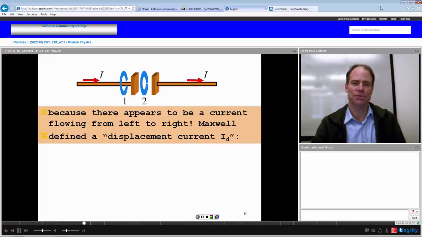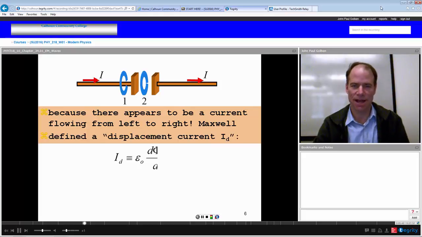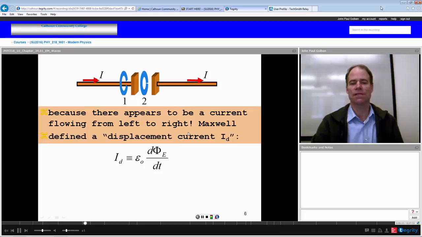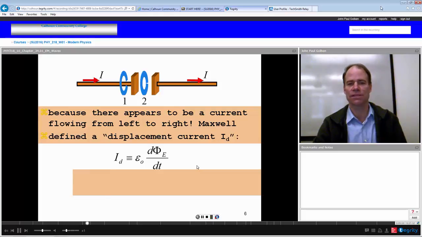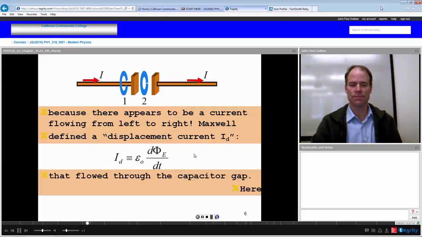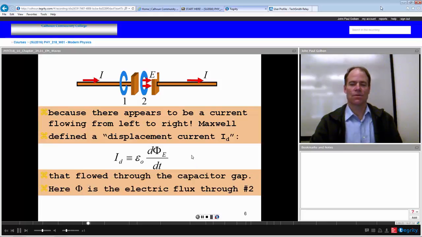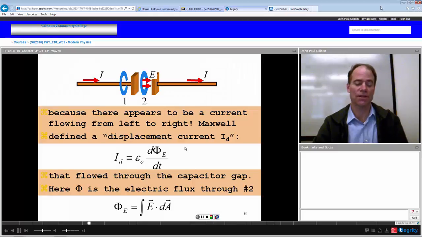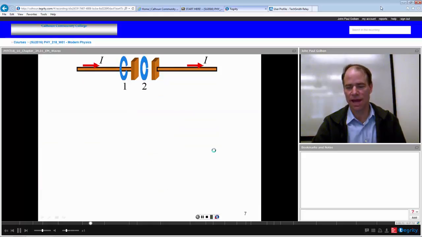So Maxwell defined a displacement current, I sub d, that was equal to epsilon naught times the derivative with respect to time of the electric flux that flowed between this gap. Hence, we know that the electric flux should be the integral of the E field dotted with the area through this gap.